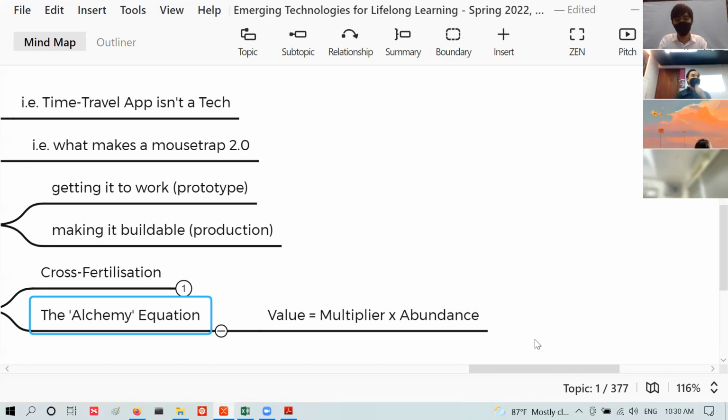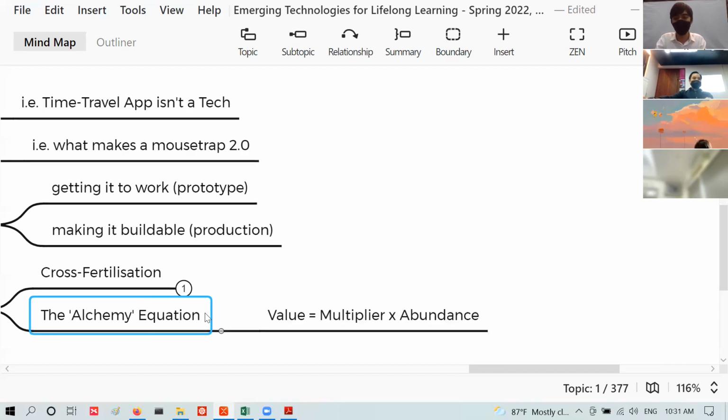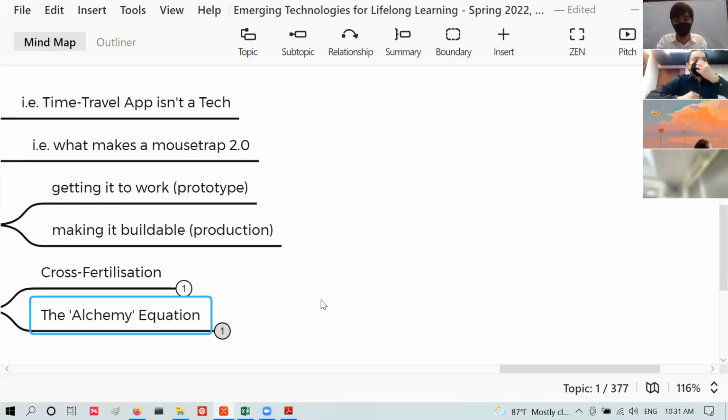That is literally what an alchemist wanted to do, but they couldn't. They can't turn lead into gold. But if you can turn cow methane into bioplastic, that's exactly what the alchemy equation is. Maybe I shouldn't put multiply, I should say the conversion factor or whatever, but you understand what I mean.